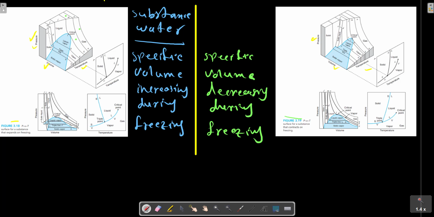The regions of the surfaces represent a single phase: solid, liquid, and vapor. We also have the pressure-temperature diagram from this side: vapor, liquid, and solid, and we have a triple point here.